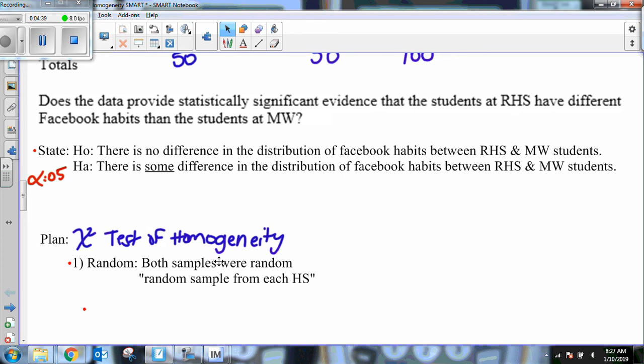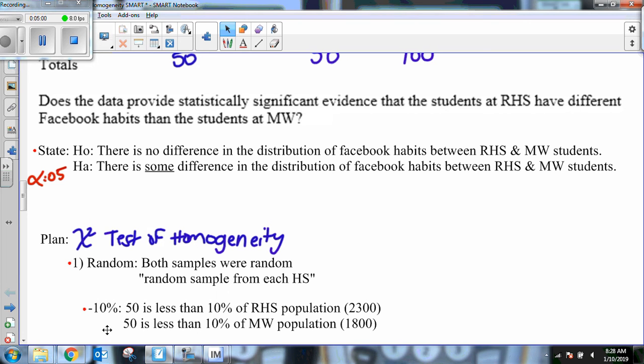When we did the plan step, we had to talk about both samples. We had to say it was random for the first sample, it's random for the second sample. You have to do the same thing with test of homogeneity because we took two separate samples, a sample at Redwood and a sample at Mount Whitney. So we have to say that they were two separate random samples. Okay?